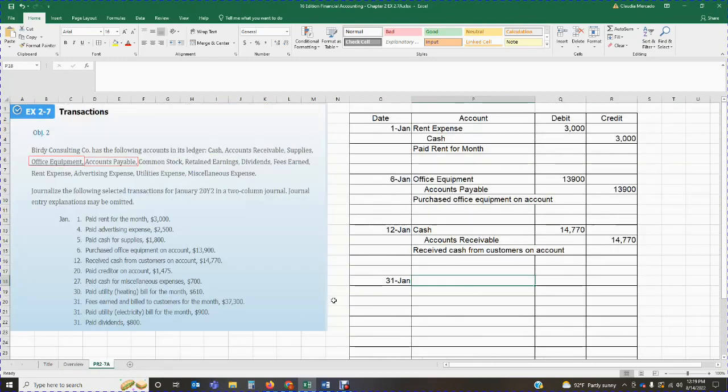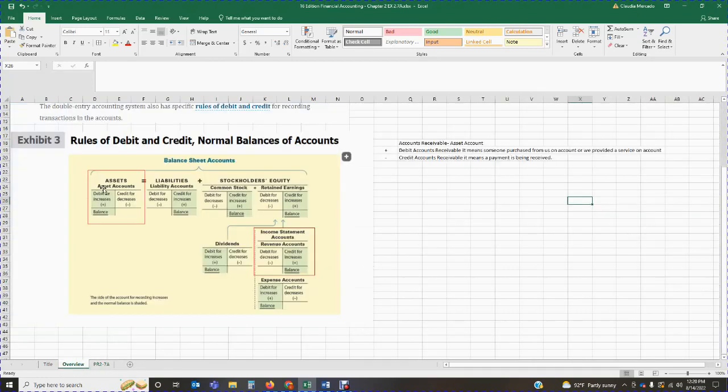Let's analyze this transaction. Fees earned and billed to customers for the month, 37,300. So what happened? We generated services, we generated revenues of $37,300. These are the two types of accounts being affected.